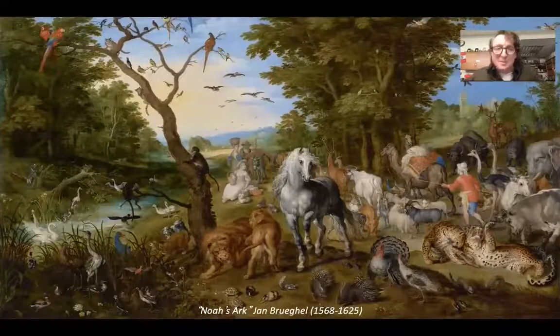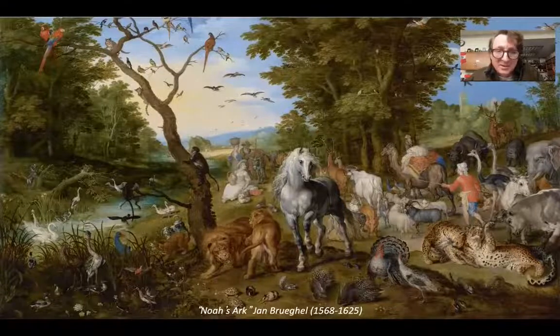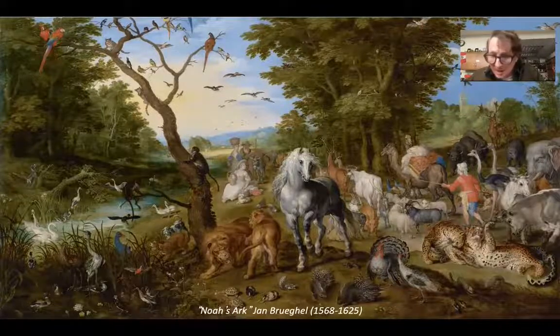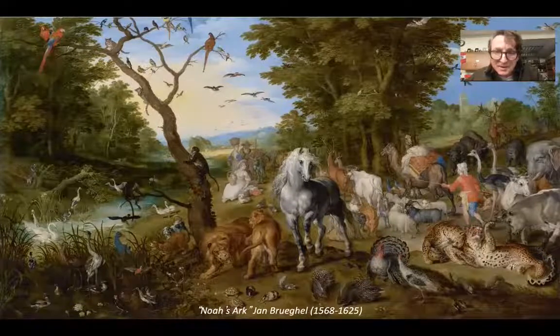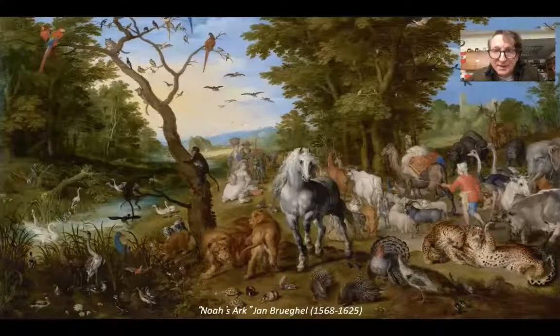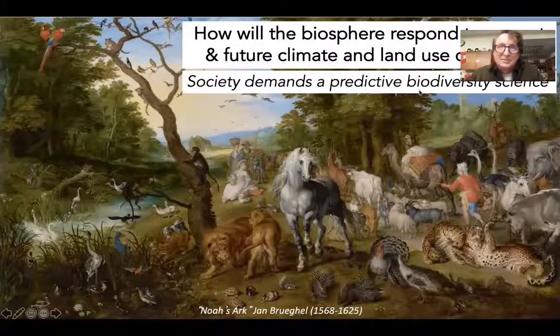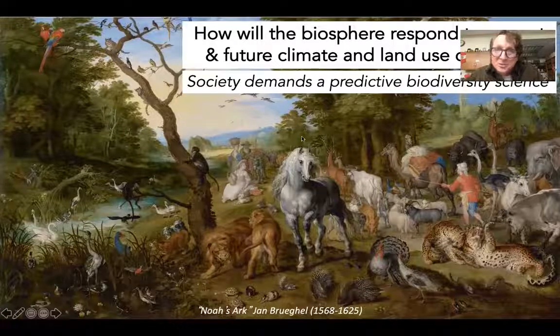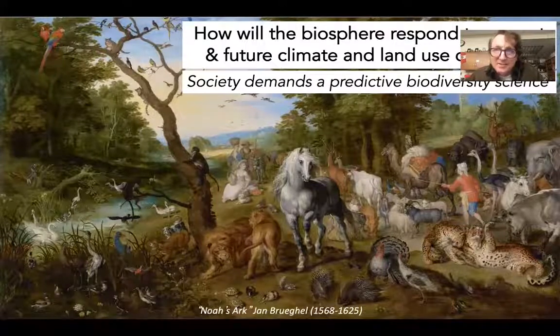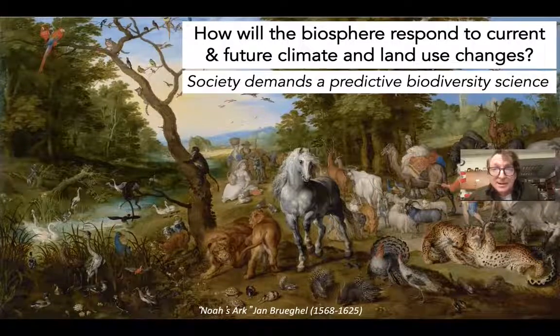All right, so why trait-based ecology? So if we kind of step back from the world and we think about the biodiversity on the planet, given the series of environmental crises that the planet is facing, as biodiversity scientists, we actually have a responsibility to try to predict to the best of our ability how the biosphere is going to change and be modified to future climate changes as well as land use changes.